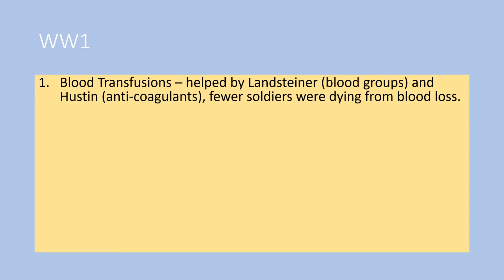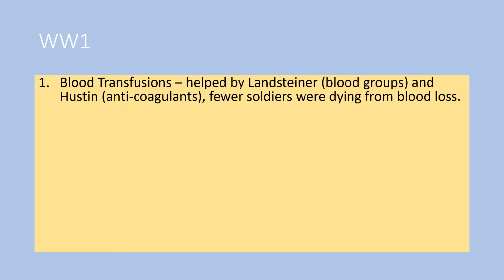As well as that, forgive me, I can't remember this person's first name, but his surname is Hustin, was able to discover anticoagulants. That is essentially a way that you can store blood without it clotting, because as soon as blood clots, it's useless for transfusions. I get this loads of times. I go for blood tests quite regularly because of my Crohn's disease, and I've had so many times where I get a call to say, sorry, you need to come back and do it again because the blood clotted.